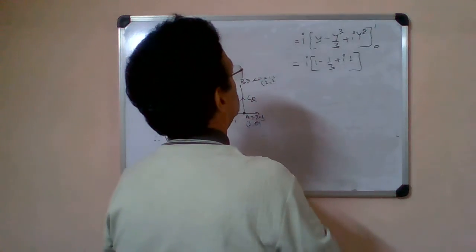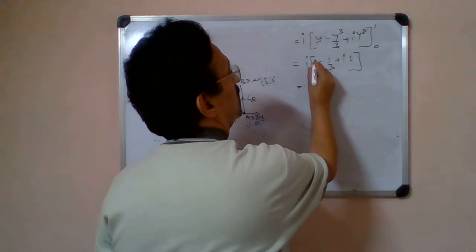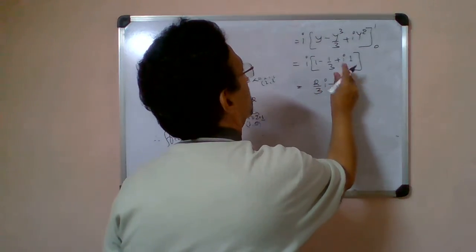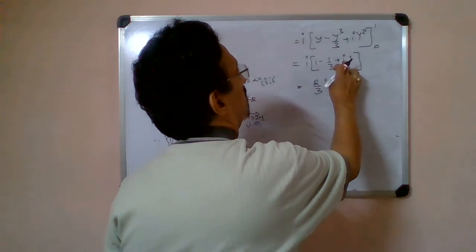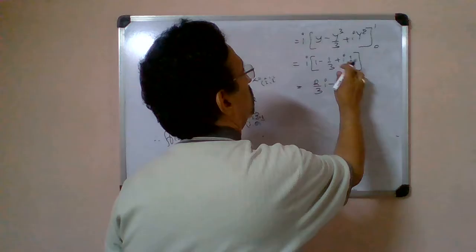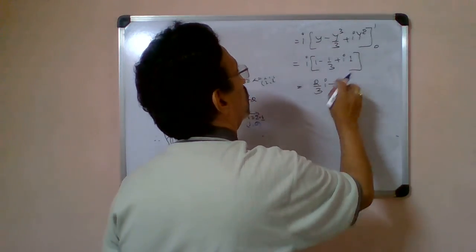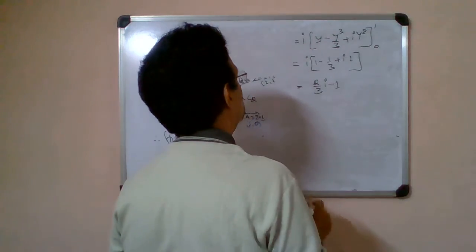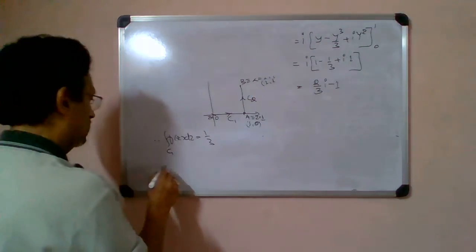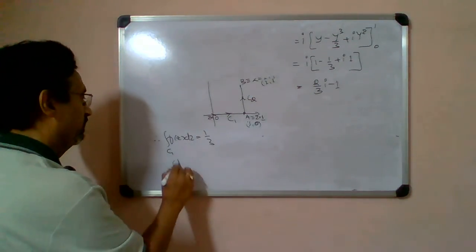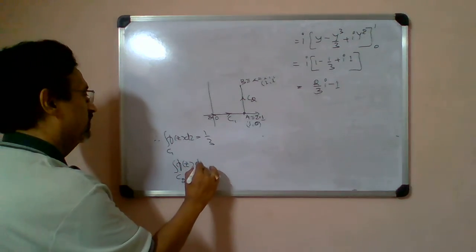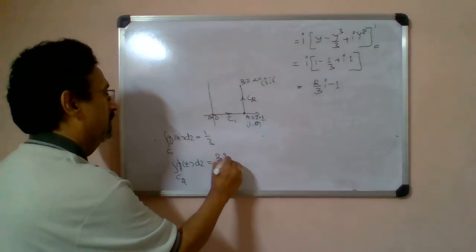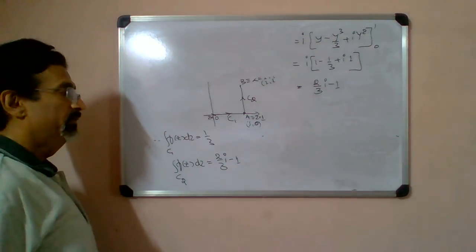So this is 2 by 3 times i, minus, because i squared is minus 1, so minus 1. Therefore, the integral on C2 of f(z) dz is 2 by 3 i minus 1.